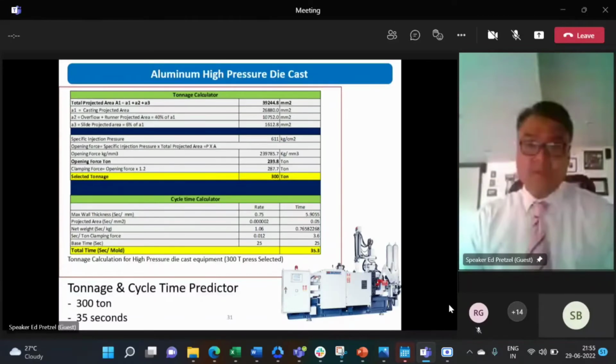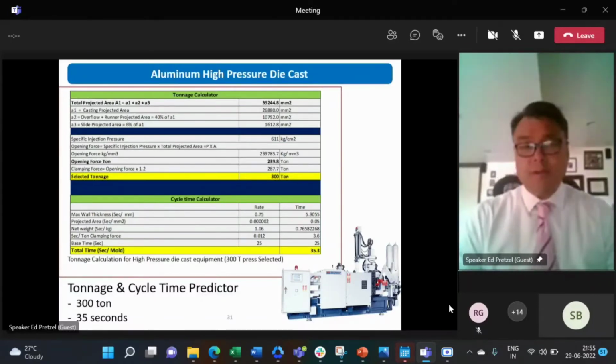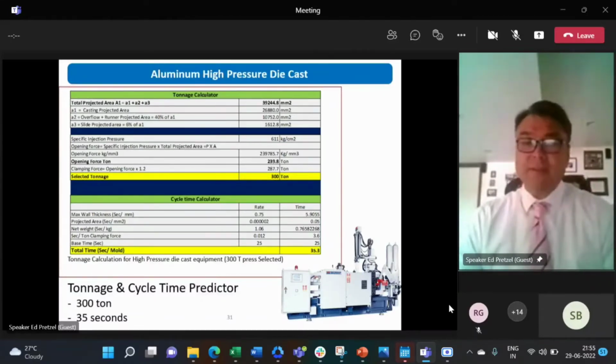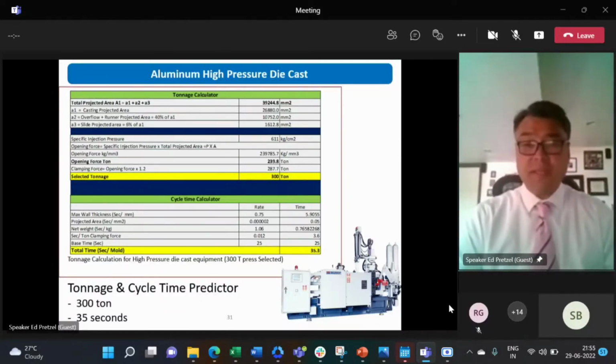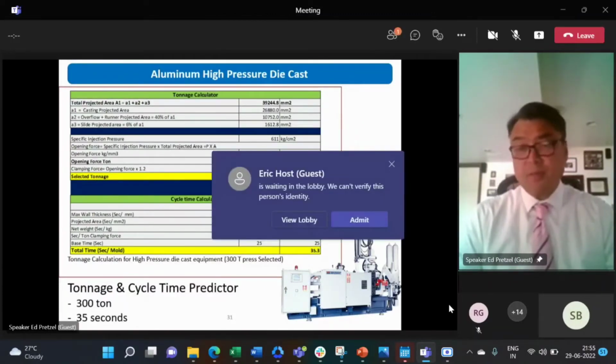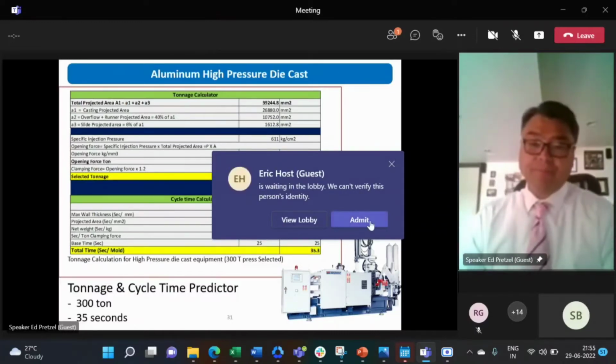It ranges in that 20% range, and so that would be 287 tons. So we have to round up to the next available machine, which is typically a 300-ton machine. The cycle time calculator you'll see there at 35 seconds. I do want to say that we will, in addition, add a 20 to 30% efficiency factor on the cycle time also.